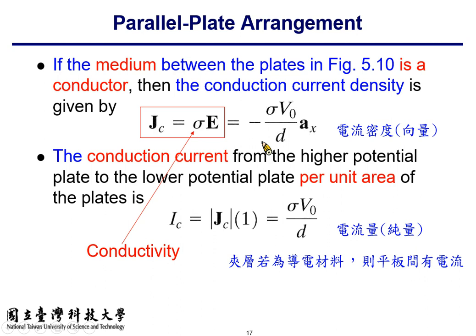Then the same voltage difference, V sub 0, which ends up with an electrical field intensity of V sub 0 over D, will induce a current by multiplying the electrical field intensity with the conductivity sigma.